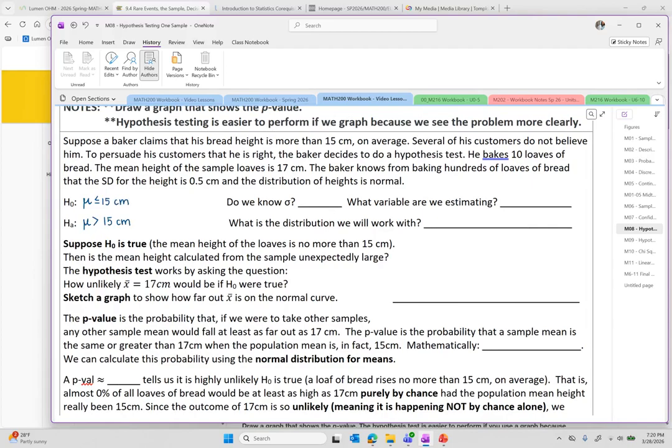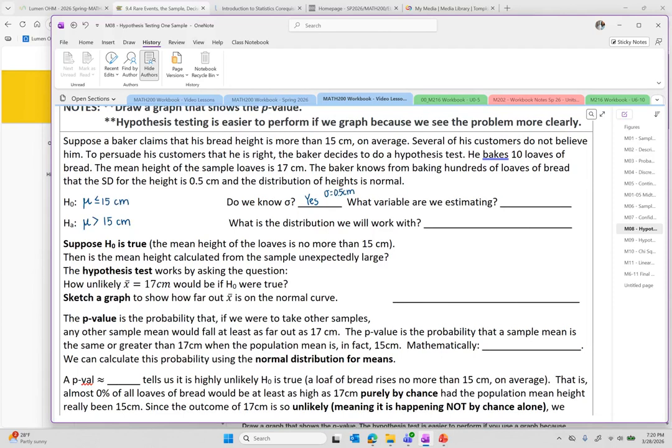Do we know sigma? Yes, we do. The baker knows from baking hundreds of loaves of bread that the standard deviation of the height is 0.5 centimeters. So we know that sigma is 0.5 centimeters.